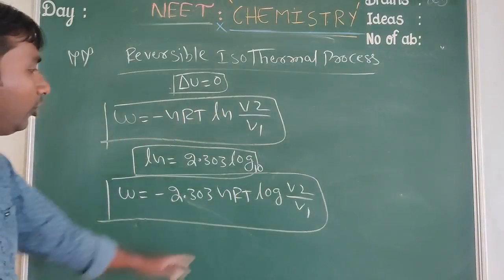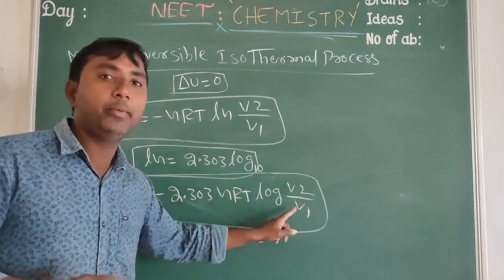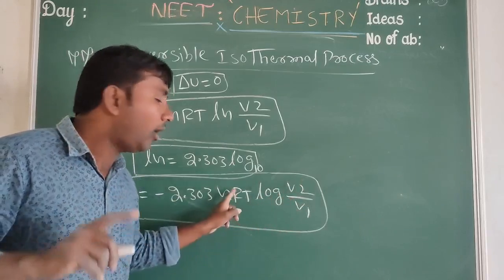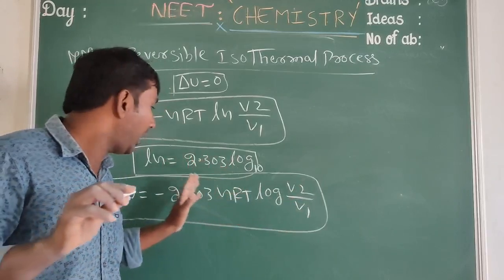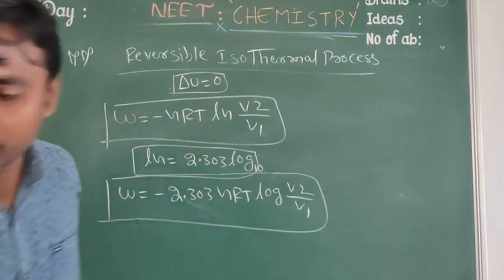Here V2 means final volume, V1 means initial volume, R means the real gas constant, and T means absolute temperature.